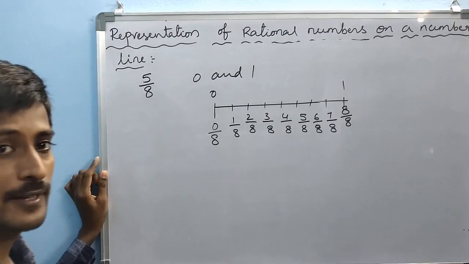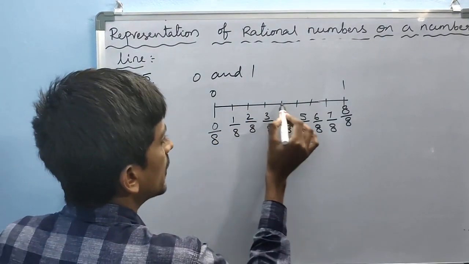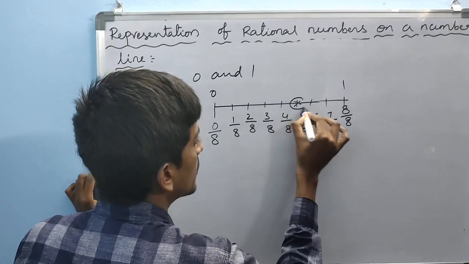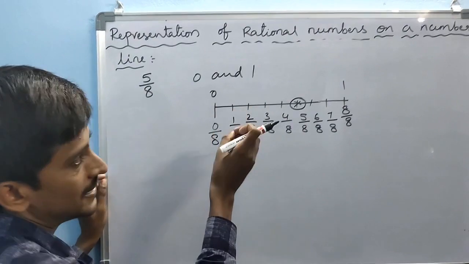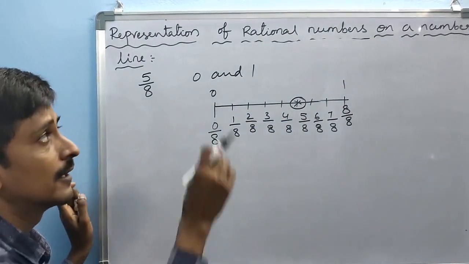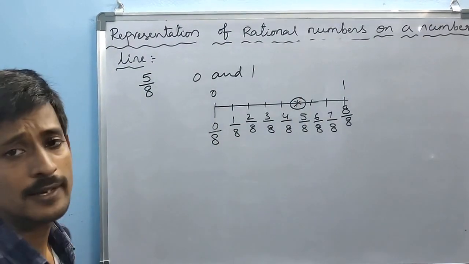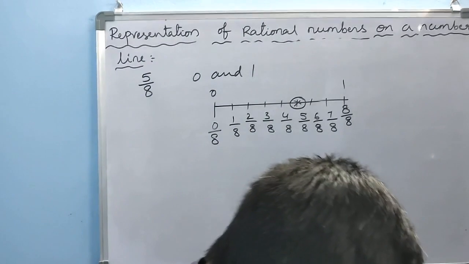For this number you need 5 by 8: 1, 2, 3, 4, 5. 5 by 8 is the number. Okay, this is the rational number marked on a number line. This is the concept of finding a rational number on a number line.